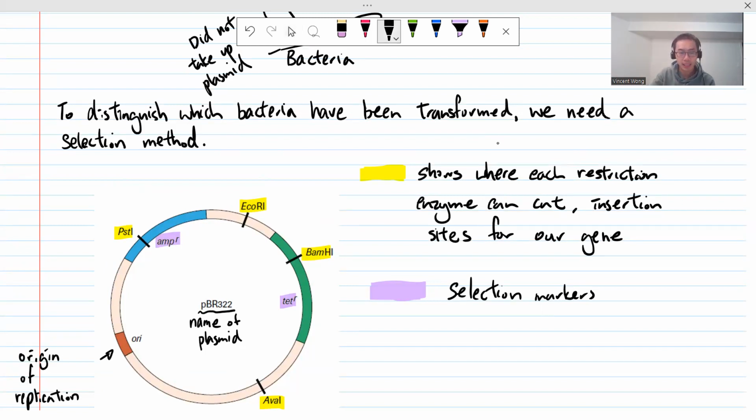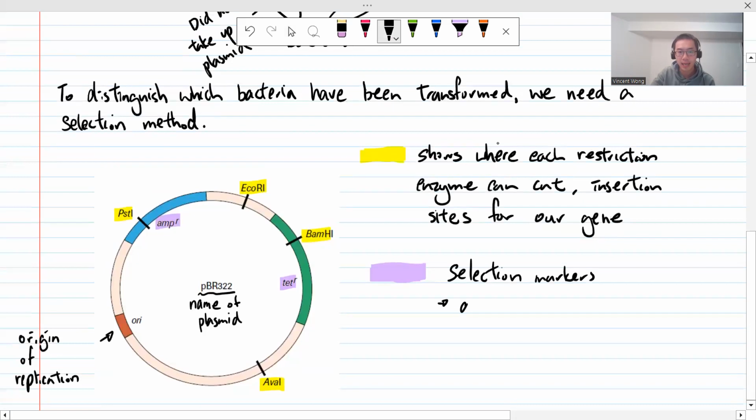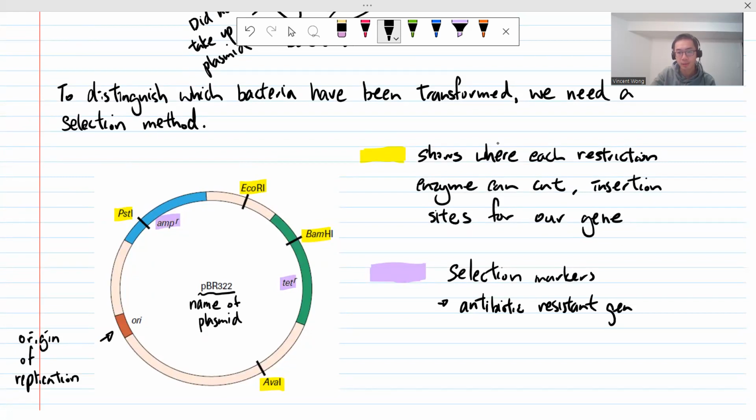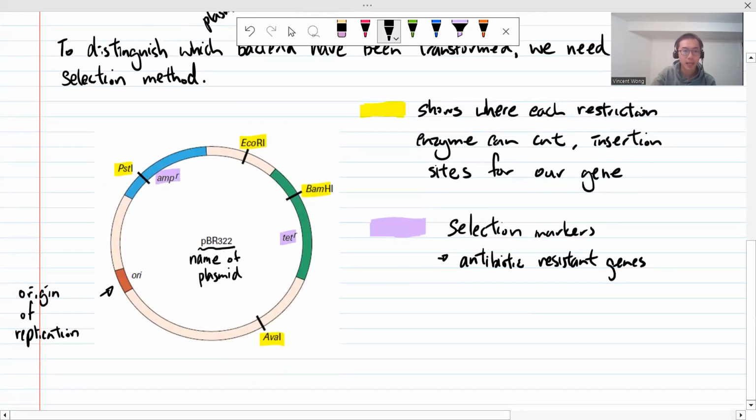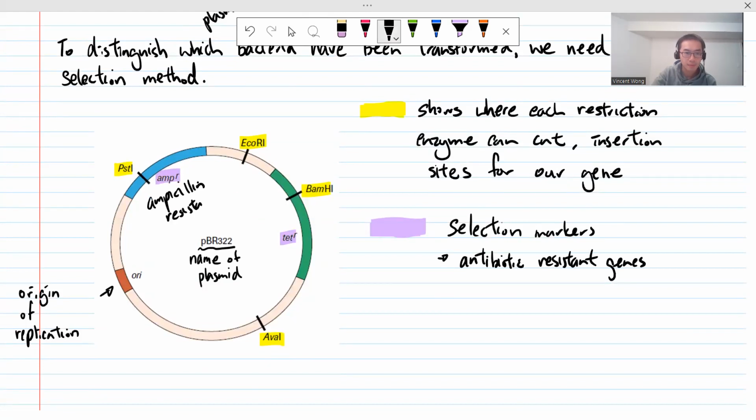So in this case, these are antibiotic resistance genes. The AMP here, that's ampicillin resistance. And then this is tetracycline resistance. These are just different antibiotics.